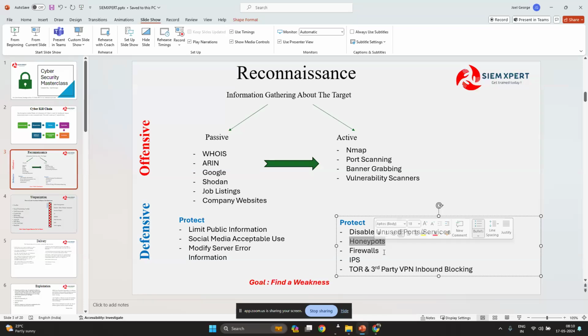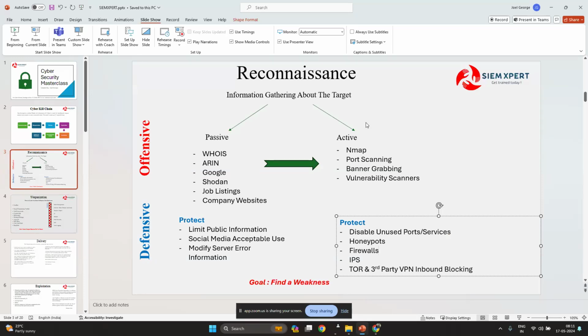When most of them start off, they don't usually start with a honeypot because it's very expensive and it requires a separate function to monitor them. And then comes blocking of third party VPN, Tor, and proxy applications.